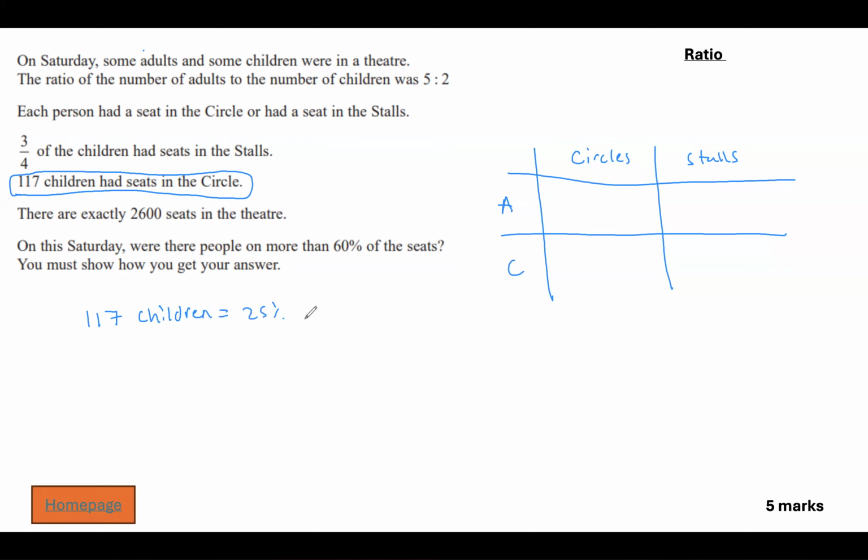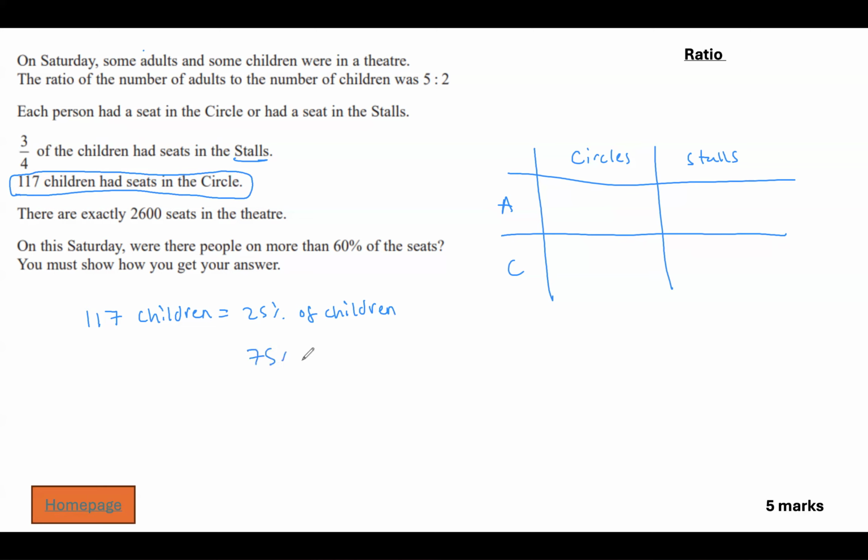is equal to 25% of children, right? Because if 3/4 of the children were sitting in the stalls, then that means 1/4 was sitting in the circle. So 1/4 is 25%. So we need to now work out what 75% is, because 3/4 is 75%.